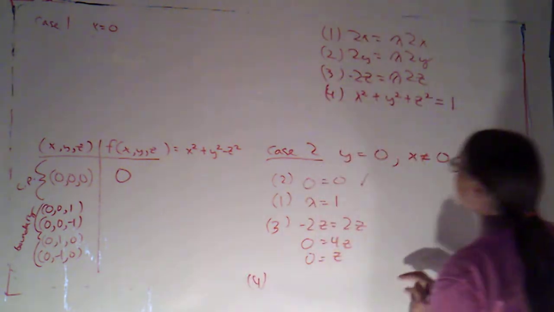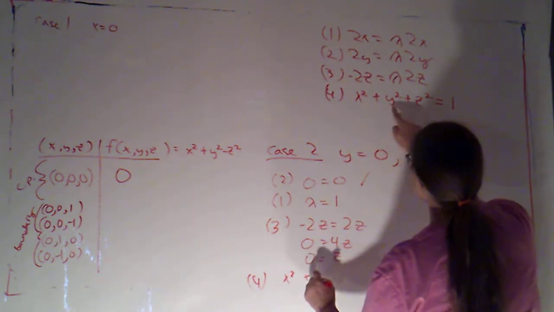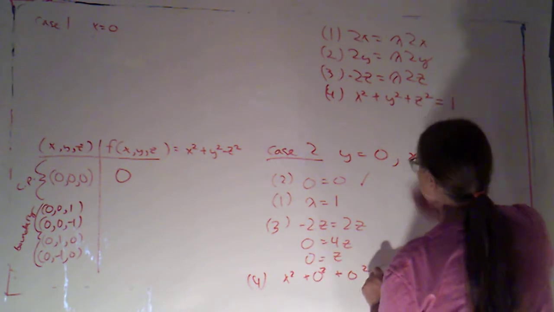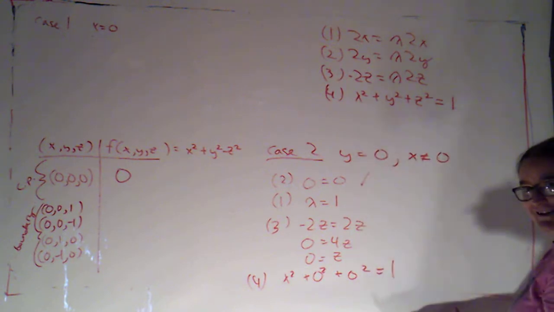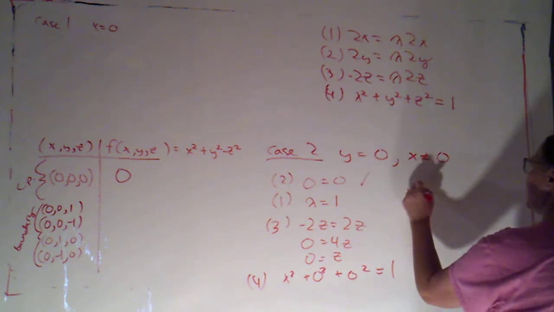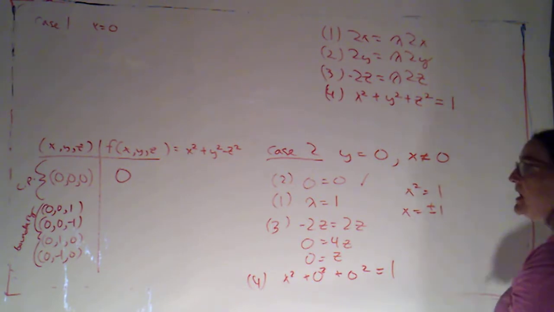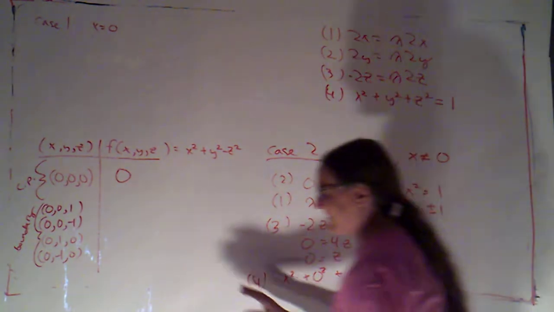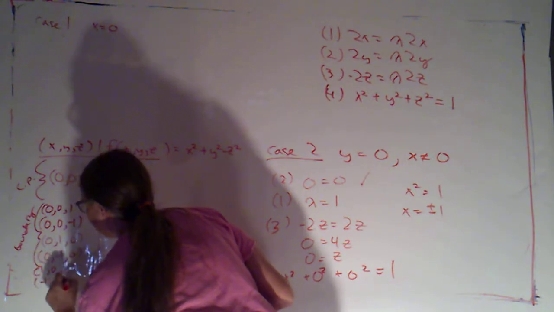So I use equation 4, and I say, okay, let's see, x squared plus 0 squared plus 0 squared has to equal 1. So I'm plugging in all the information I've gotten so far. So that means x squared equals 1. X is plus or minus 1. Okay. So I've got 2 more points. I've got 1, 0, 0, and negative 1, 0, 0.